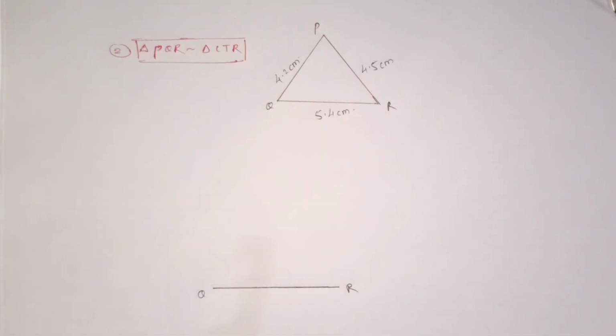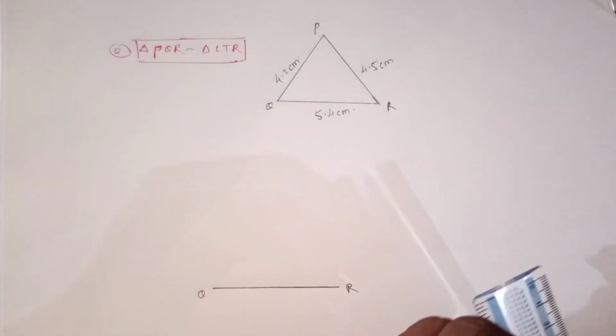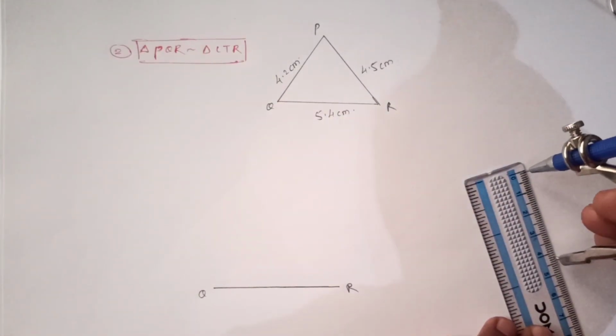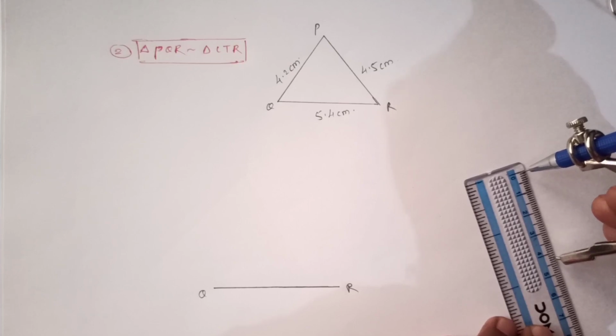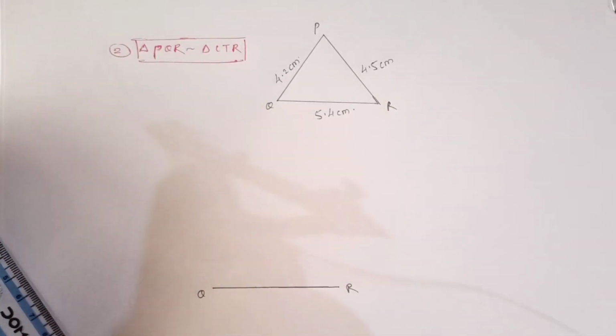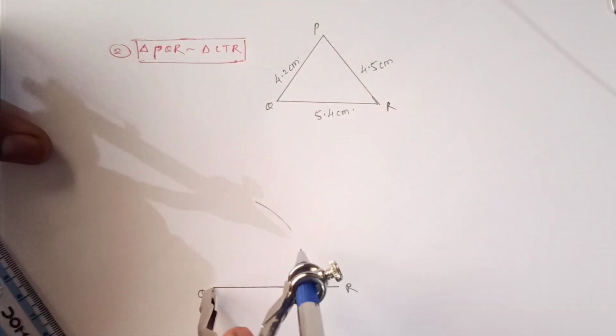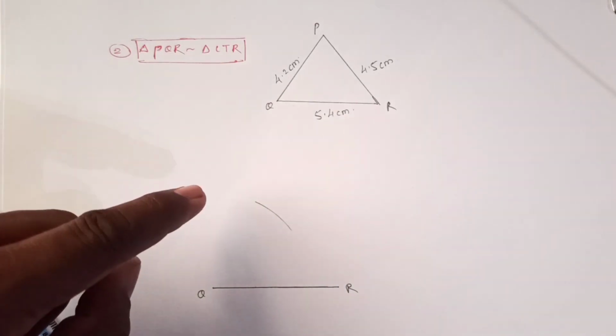So let's take that 4.2 centimeter in a compass. Now hold the compass on point Q and make one arc like this. This is the first arc.